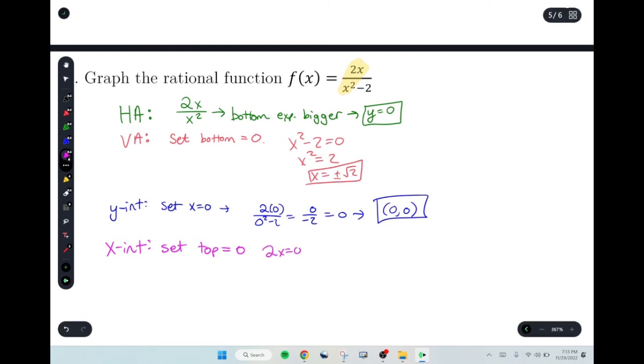So 2x equals 0 means that x equals 0, the same point. We already knew that from our y-intercept. That makes sense, though. If it hits both, it has to hit both x- and y-intercept at the origin. And the fifth thing is the harder one to remember.